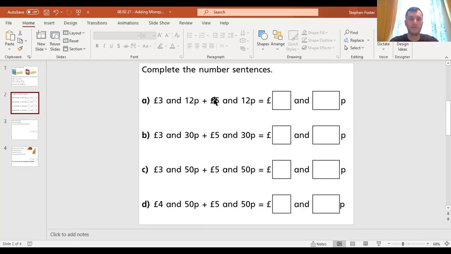£3.12 plus £5.12. I'm going to start with £3 plus £5, which is equal to £8. Now I add my pence, 12 plus 12, that is equal to 24. My answer is £8.24. Next one, £3.30 plus £5.30.